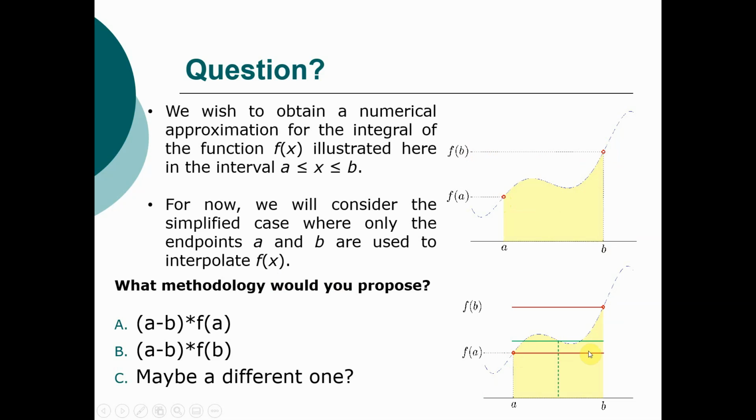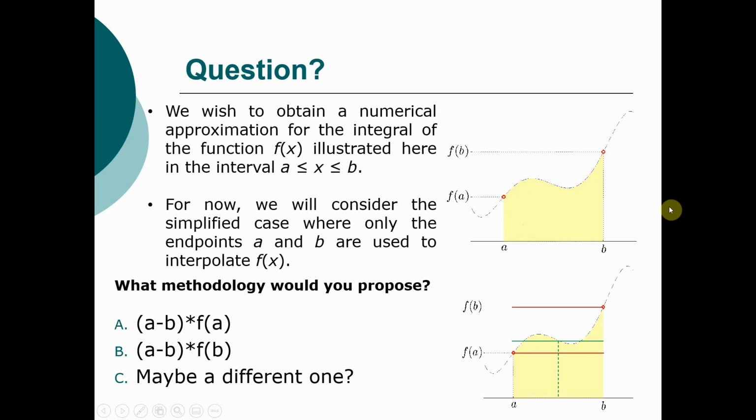So you see here, we are approximating this pink area with the area below this red line, the first red line, so this smaller rectangle that we have here. Or we can approximate it using this bigger rectangle. So we can either use f of a or use f of b.